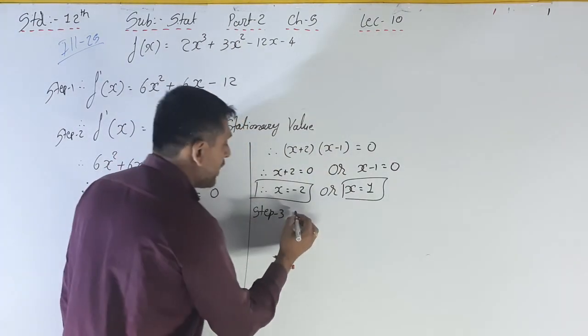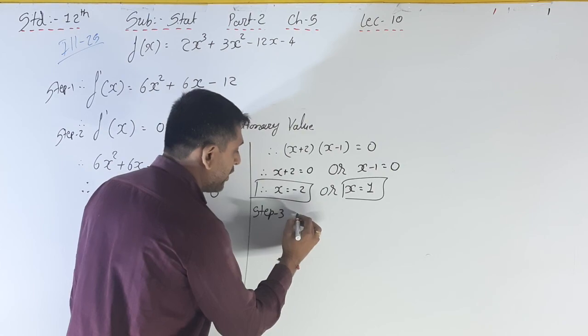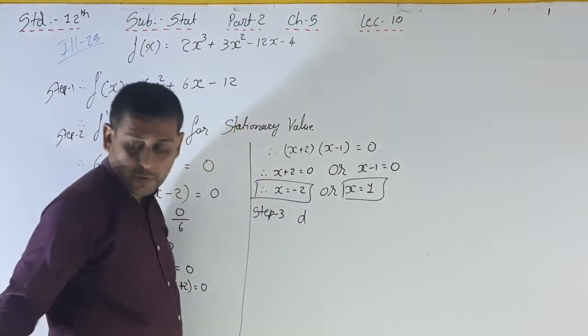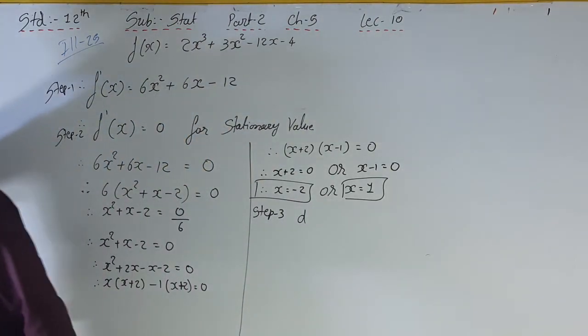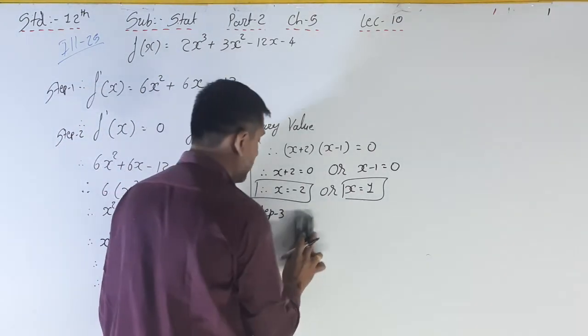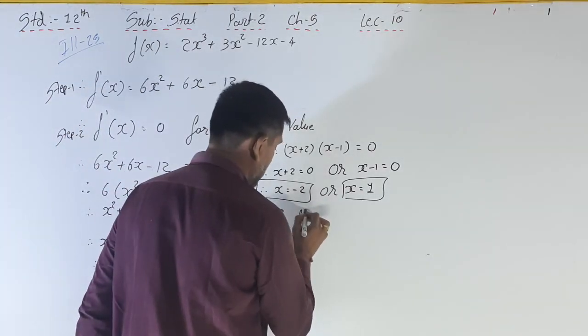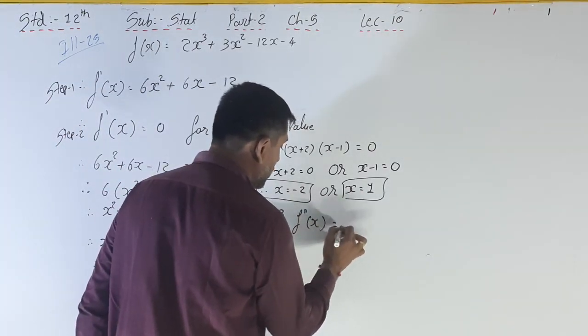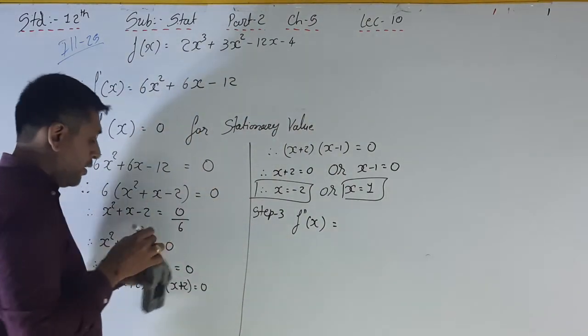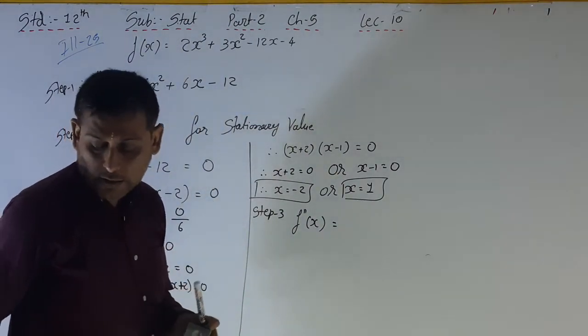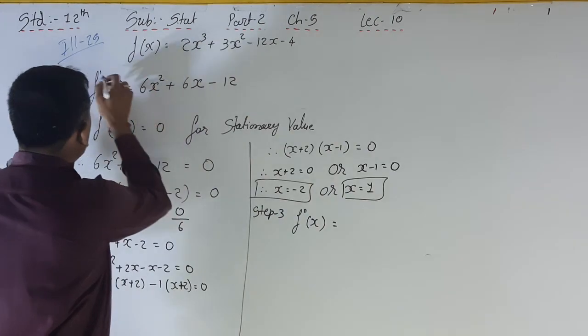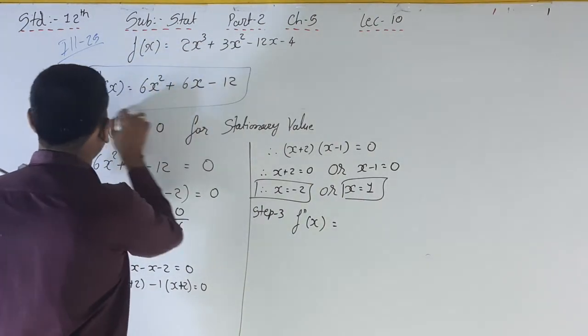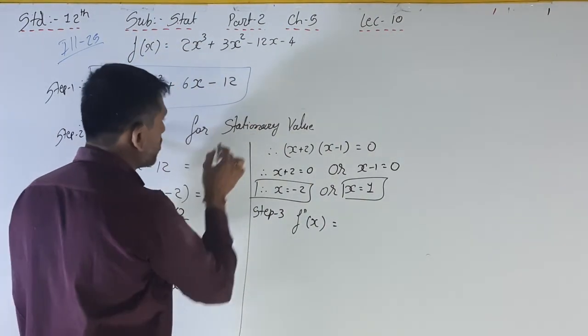Okay, now we have to find out the second differentiation, that is f double dash x. See here, we have to write the second differentiation of this. So what is the second differentiation of this?